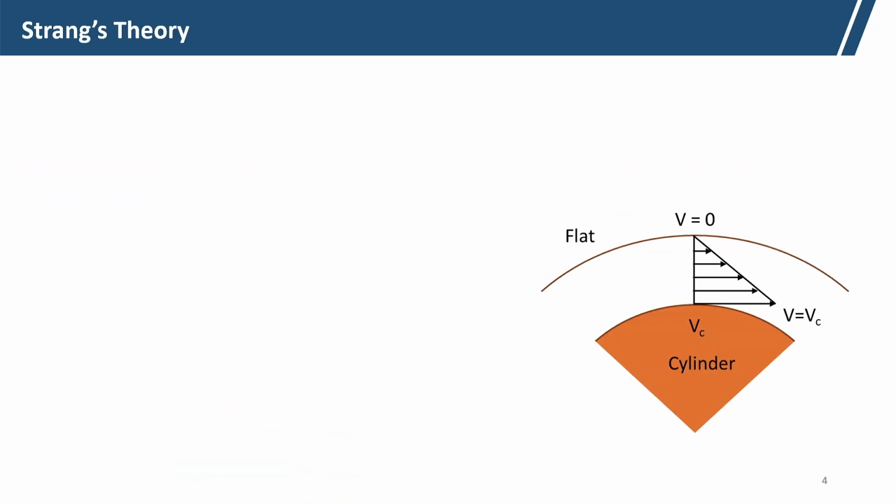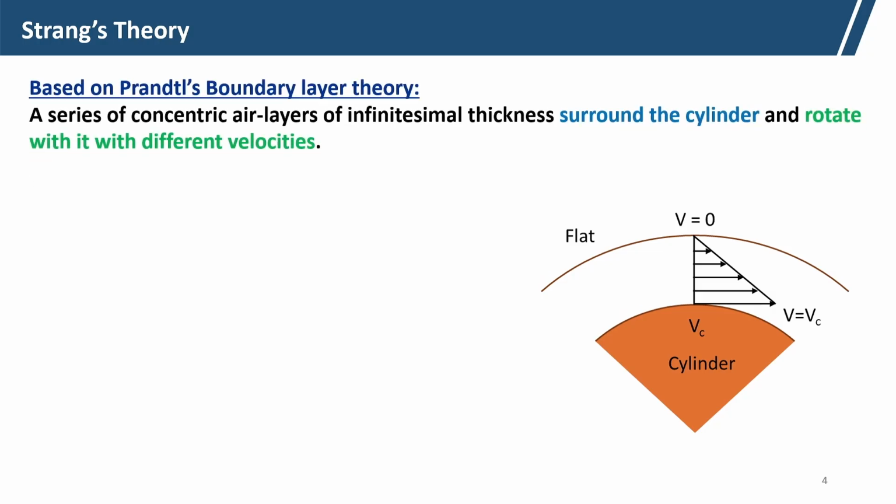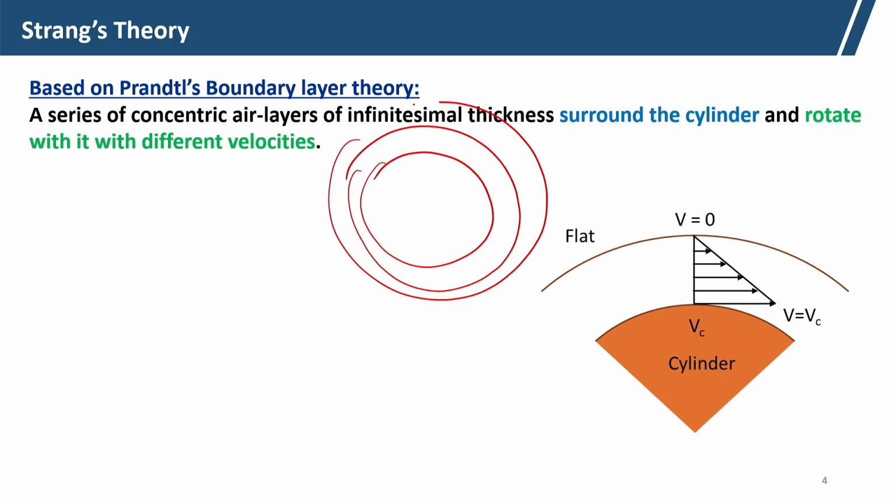Now, as per Strang's theory, which is based on Prandtl boundary layer theory, what does it say? A series of concentric air layers. So, this is a cylinder. Now, a series of concentric air layers are there, because it is actually shearing.